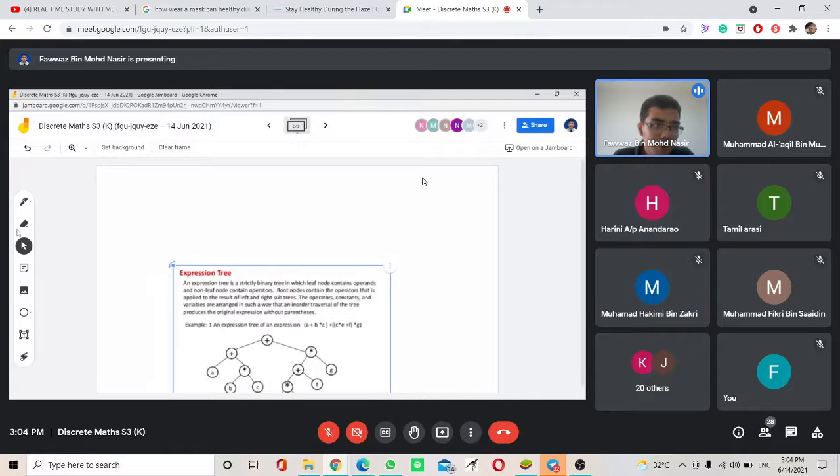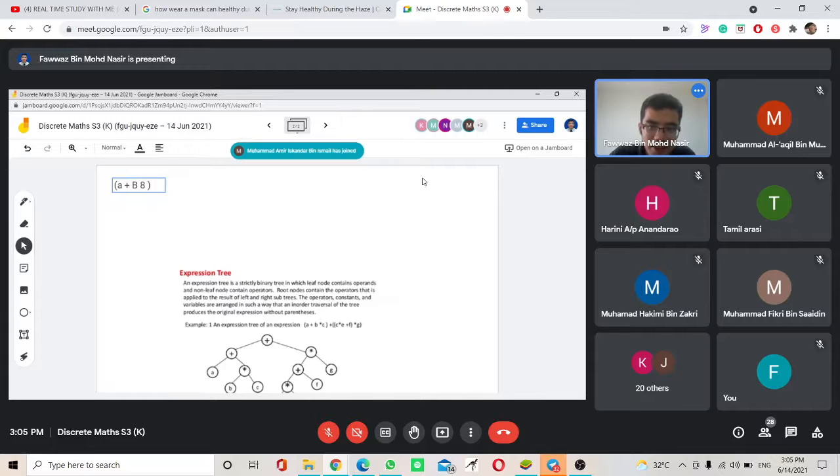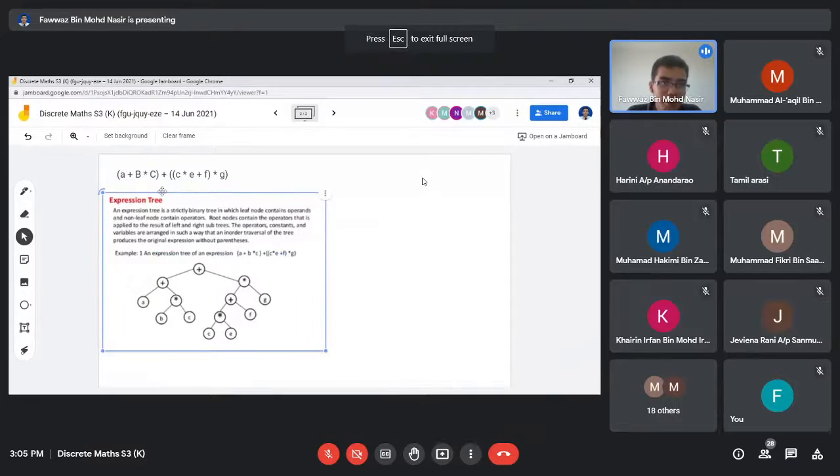dia punya expression adalah A plus B times C, then plus open bracket C times E plus F close bracket times G. So ada this expression.